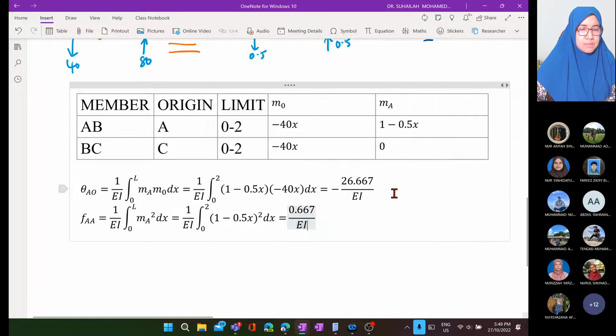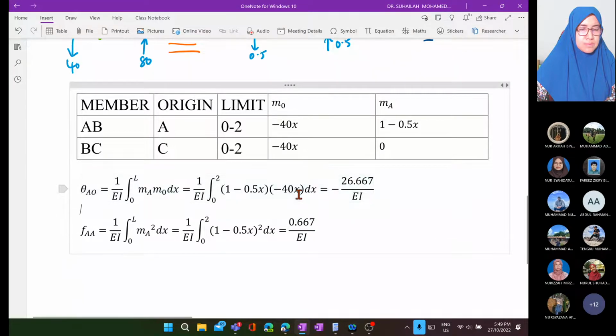Okay, so now we get the two displacements, theta A naught and FAA. So what do we need to do after this?